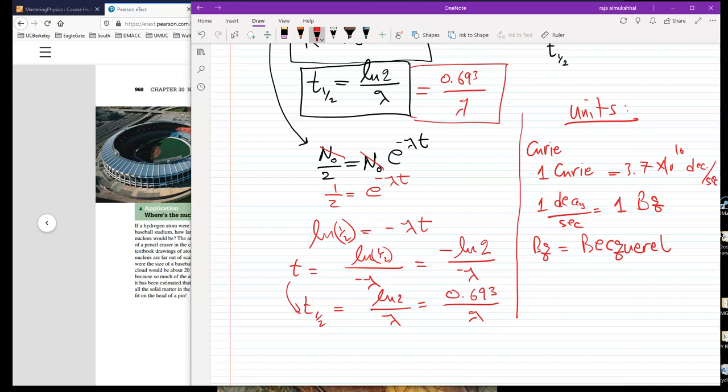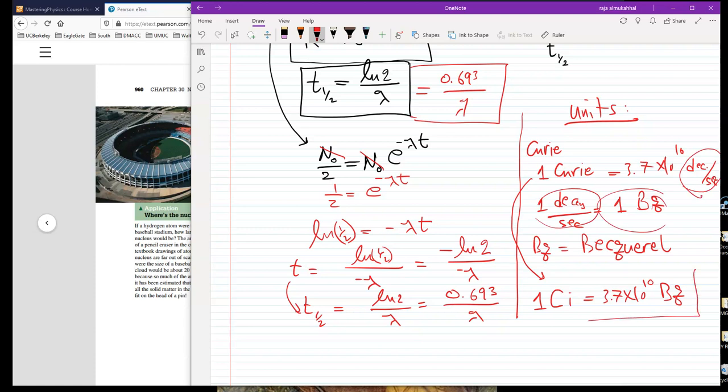So in other words, 1 Curie, which is Ci for Curie, is equal to 3.7 times 10 to the 10 becquerel, because 1 decay per second is 1 becquerel. So this is an important relation you want to keep in mind, that 1 Curie is 3.7 times 10 to the 10 becquerel. Okay, let me give you an example.